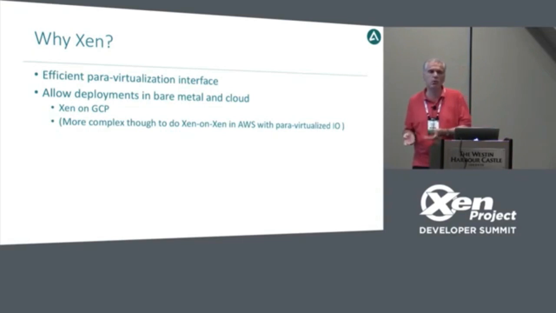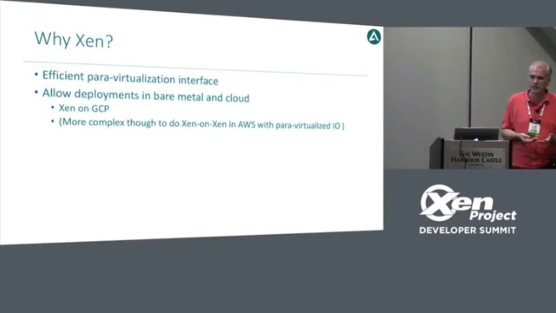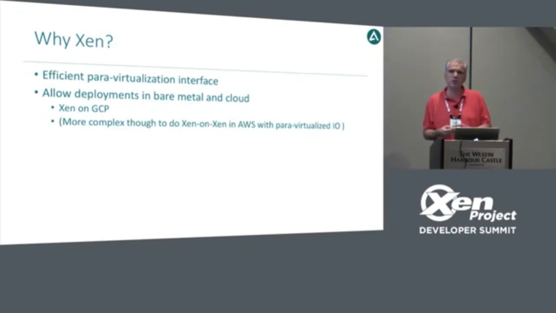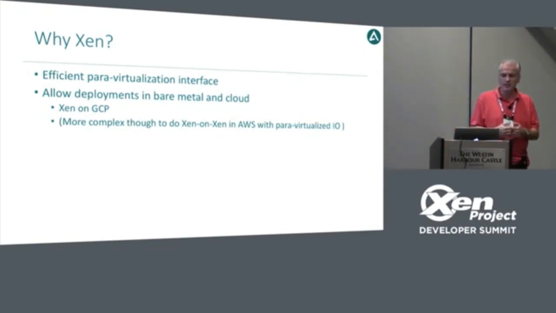And there is a little trick to why we chose GCP: GCP has KVM underneath, and we can do this double paravirtualization there. It turns out that it's very complex in Xen to do a double paravirtualization, essentially having Dom0 also have paravirtualized drivers that allow it to talk down to the infrastructure. So unfortunately, it didn't work in AWS, but it worked in GCP with Xen over KVM.